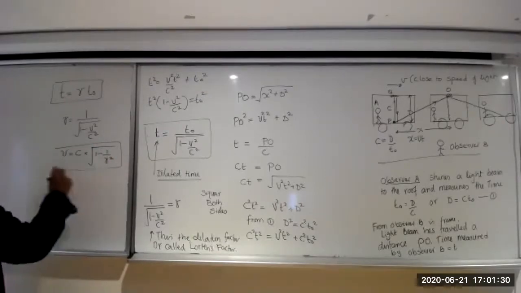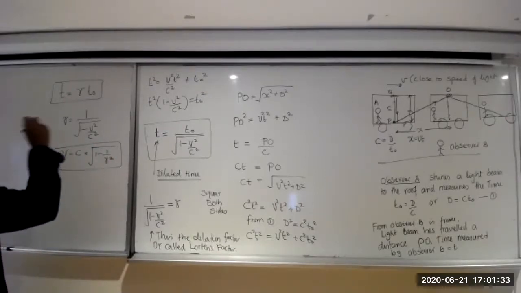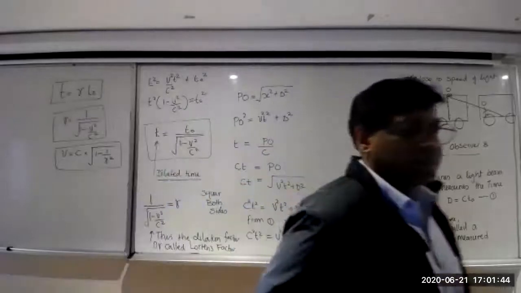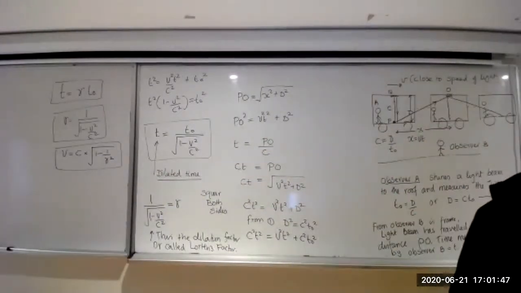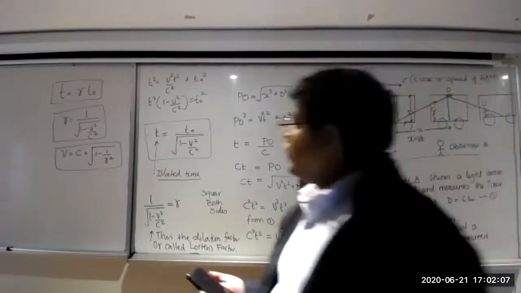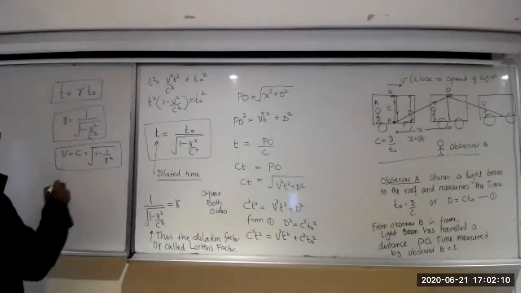Just rearrange that for me. So what would V be? V is the speed of the object, yeah?